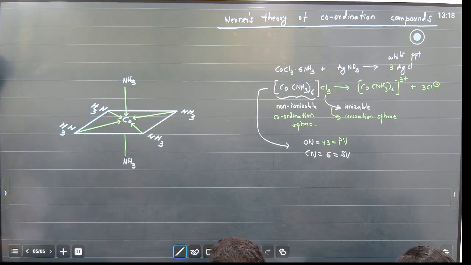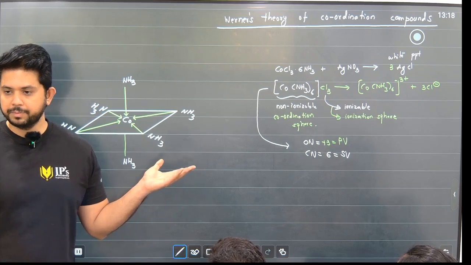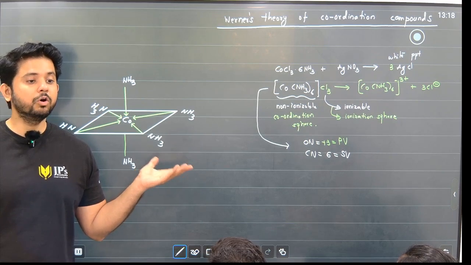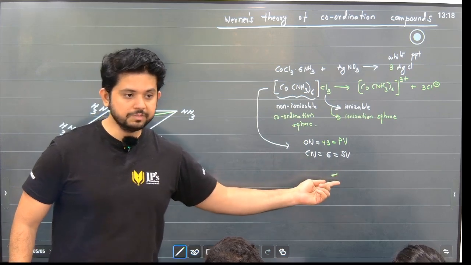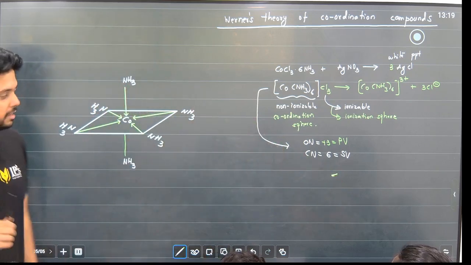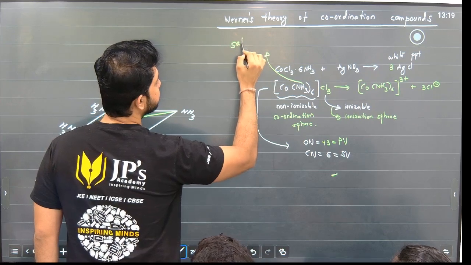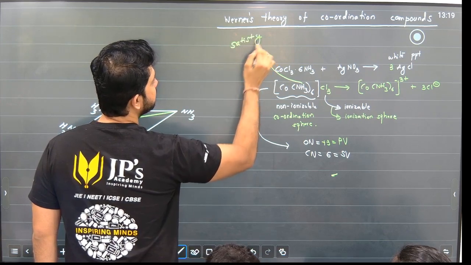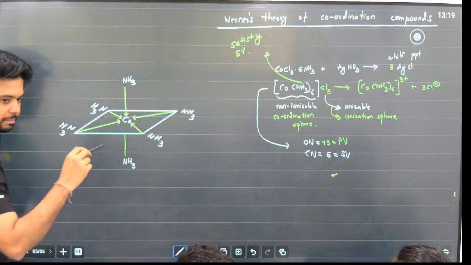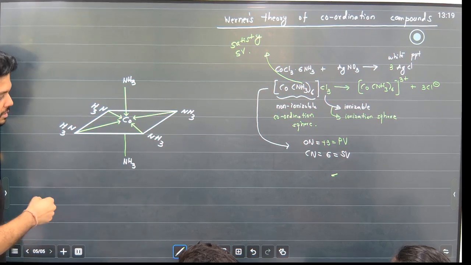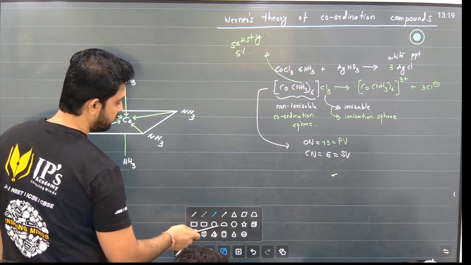So their positions are fixed. Remember geometry: octahedral or square pyramidal. But this is for the secondary valency part. So the groups which satisfy secondary valencies, these ligands, their position is fixed. Bond is directional in nature. That was the last point written. But what about the anionic part?